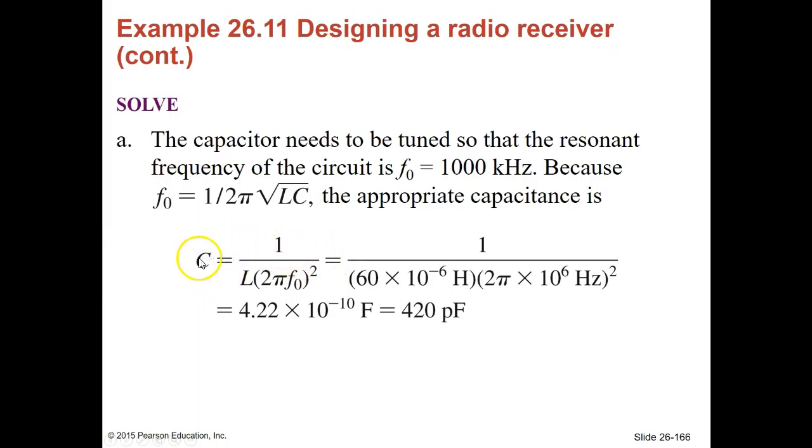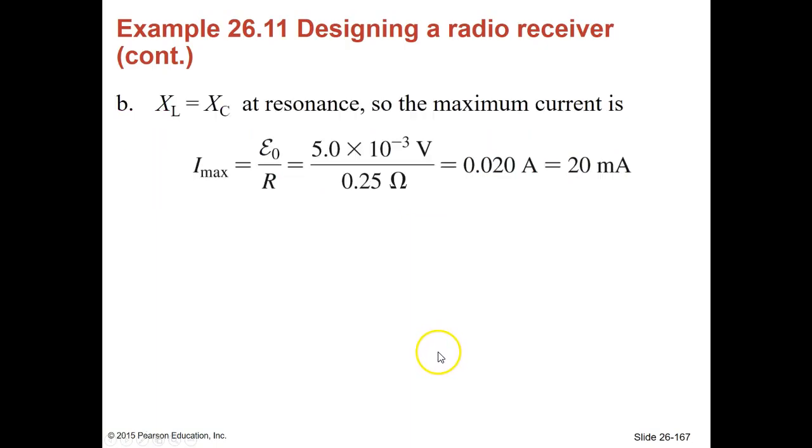Once we do that, we get capacitance as 1 over L times the quantity 2 pi f squared, where f is the original frequency. So here is our inductance, here is our 2 times pi times that 10 to the 6 hertz, squared, and we end up with 4.22 times 10 to the negative 10 farads, or 420 picofarads, is what you would end up with.